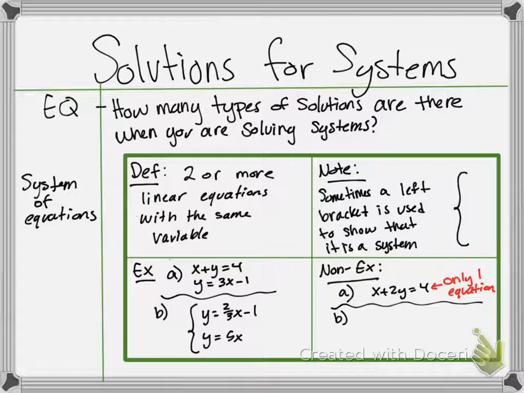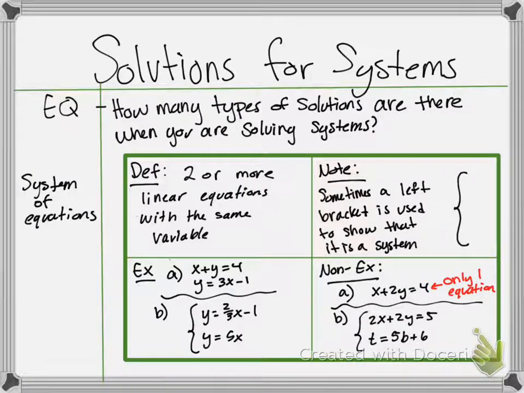Another example that's not a system would be this right here. Let's say we have 2x plus 2y equals 5, and one that says, let's use a different letter, because my 2's and z's look the same, t is equal to 5b plus 6, right?